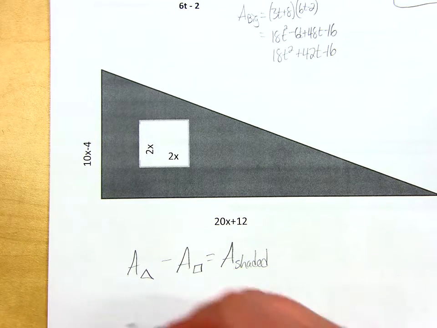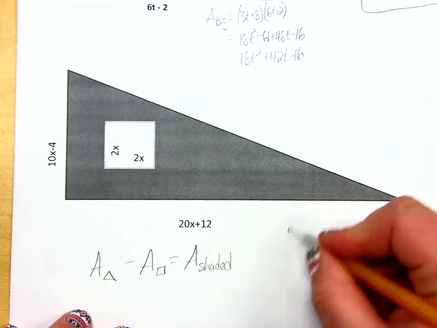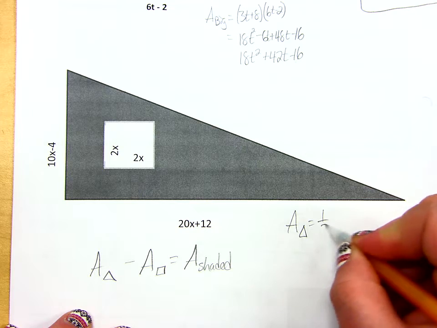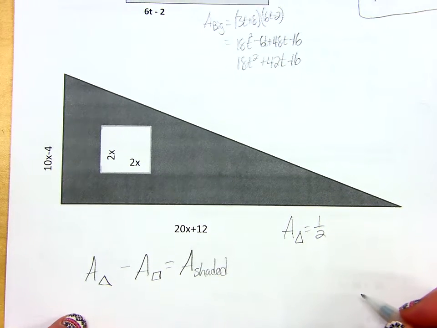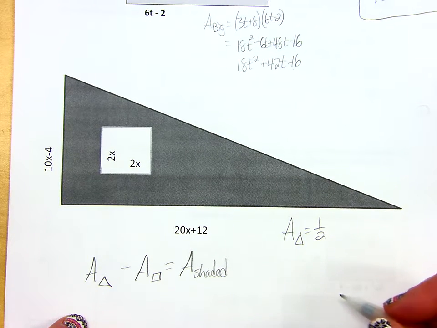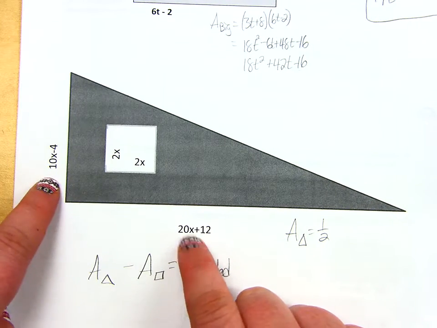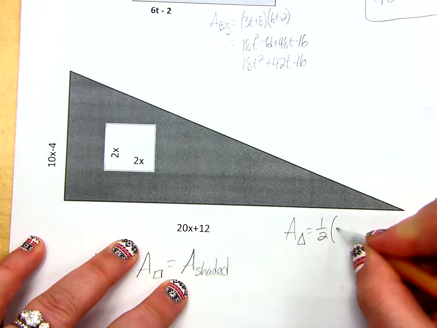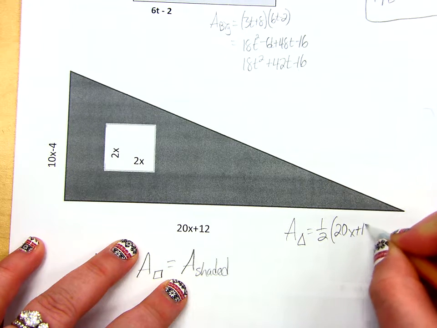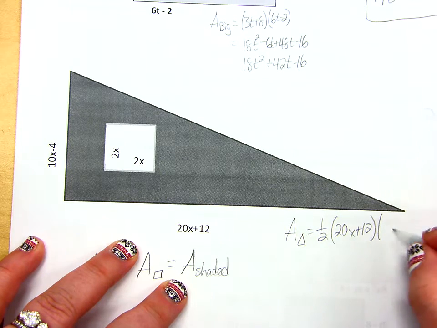So area of the triangle is 1/2 the base times the height. So who's the base and who's the height? Doesn't matter, but I'm going to use these two numbers: 20x plus 12 and 10x minus 4.